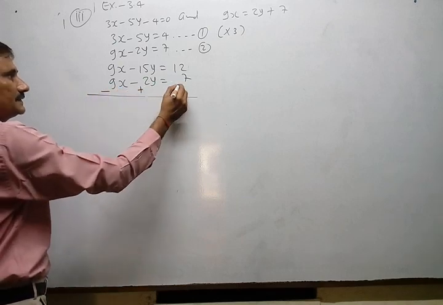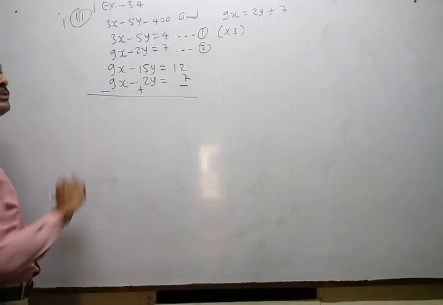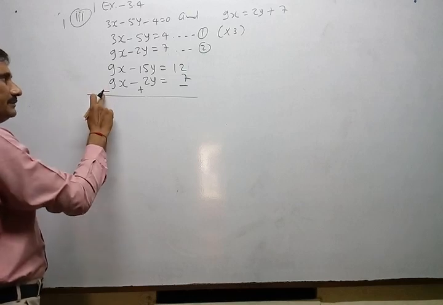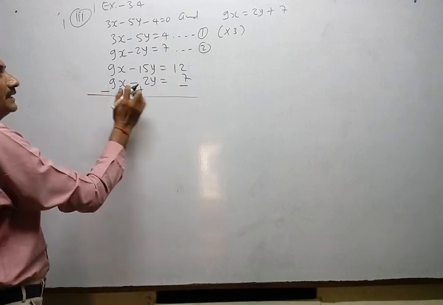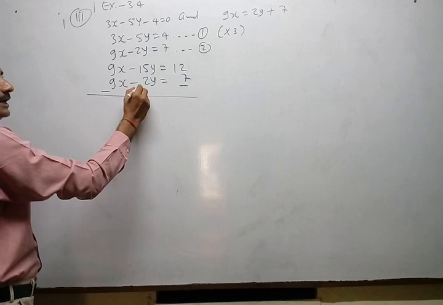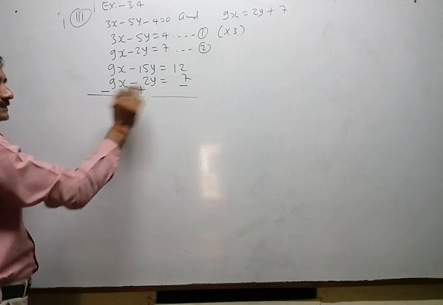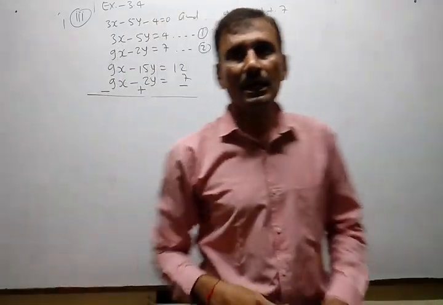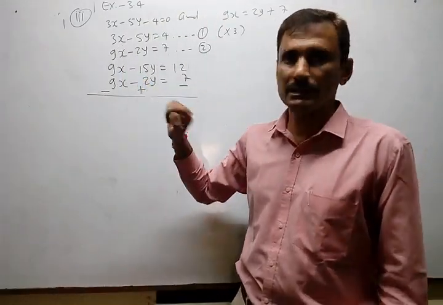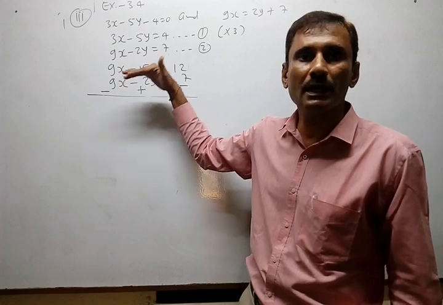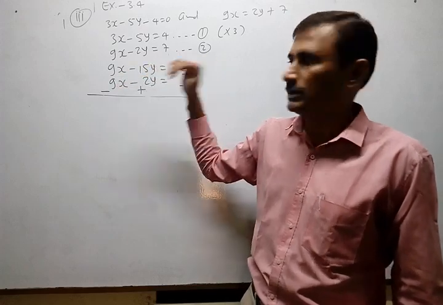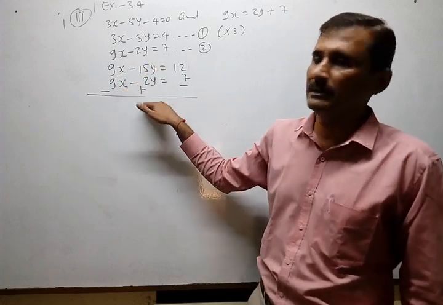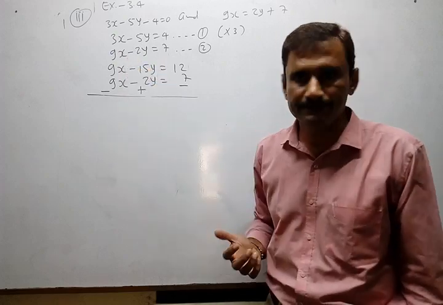Minus, plus, minus. All signs should be opposite. Plus sign becomes minus, minus becomes plus, and plus becomes minus. Don't make plus here. Okay? The new sign should be placed here only, so that the examiner will be clear about what the old sign was and what the new sign is. If they are clear, then only the examiner knows what the process is.